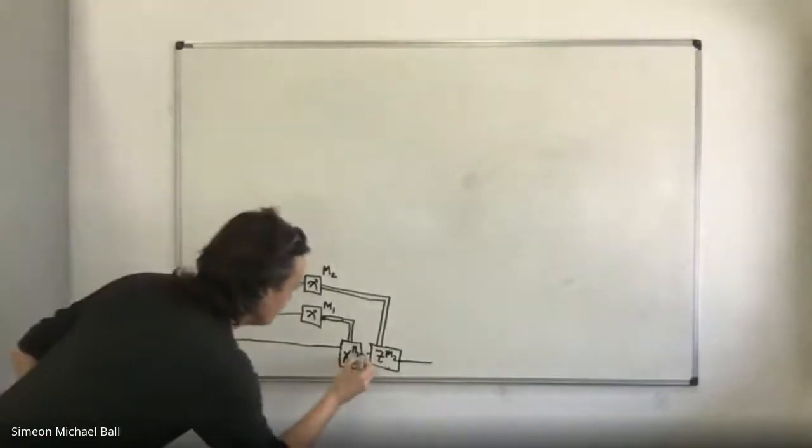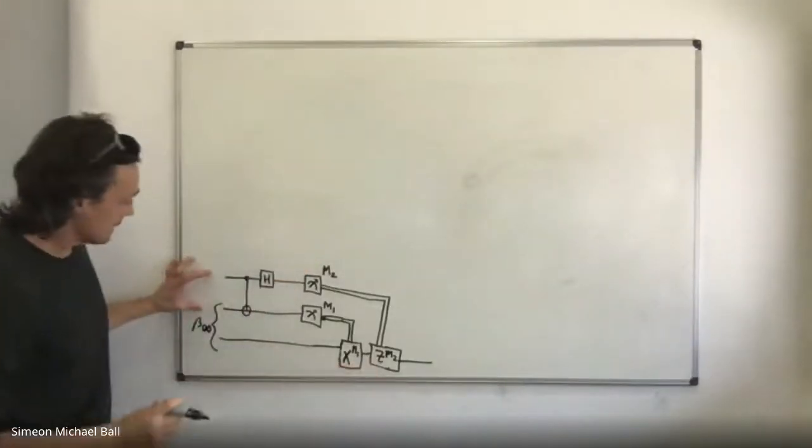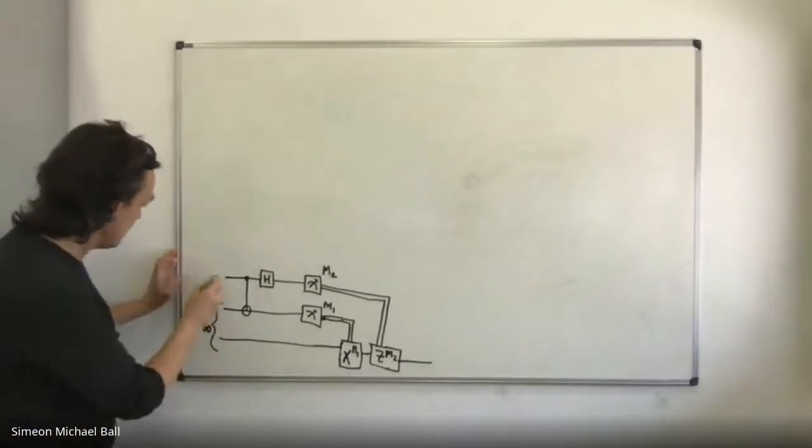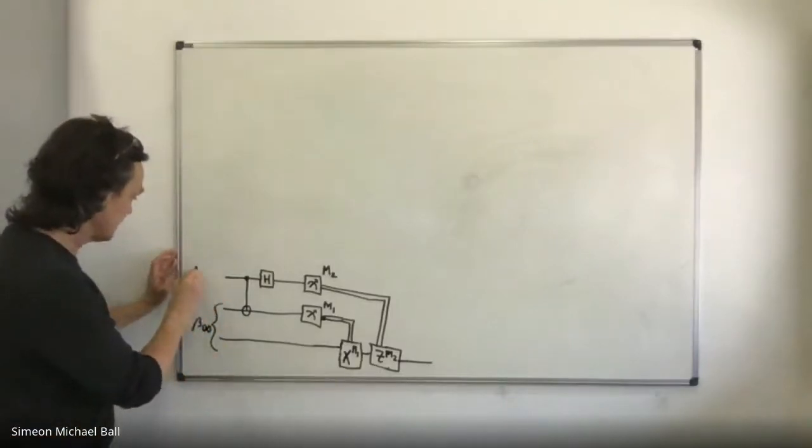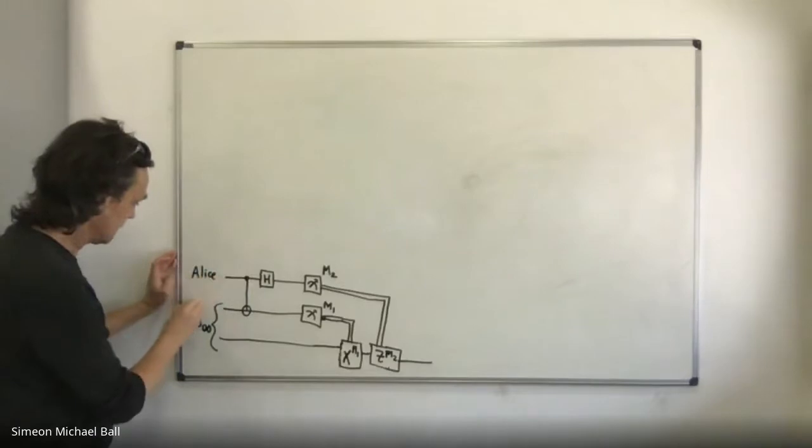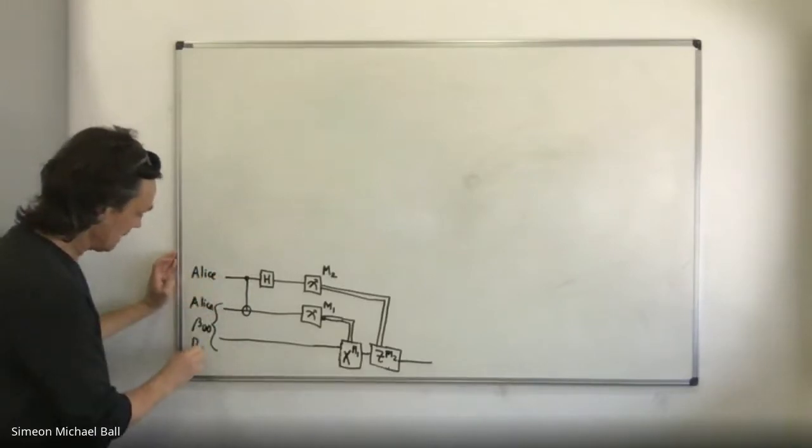So these first 2 wires are going to belong to Alice, and this third one belongs to Bob.